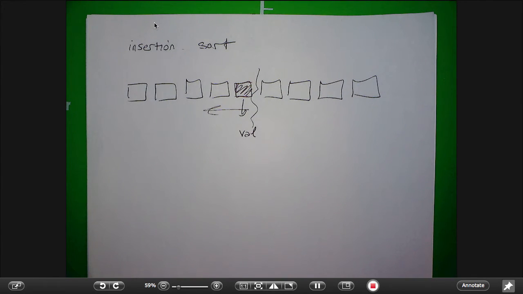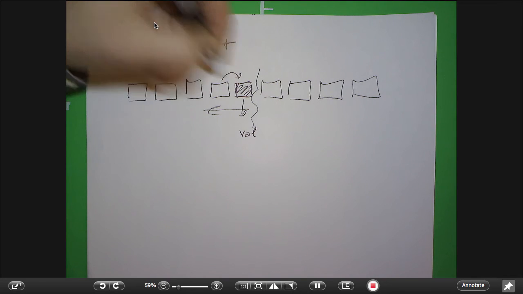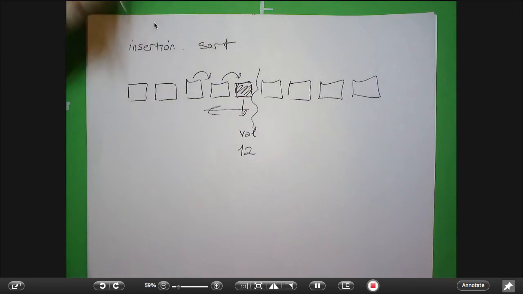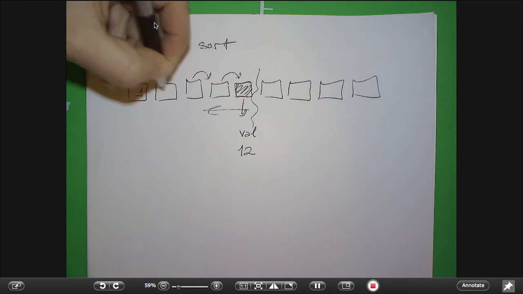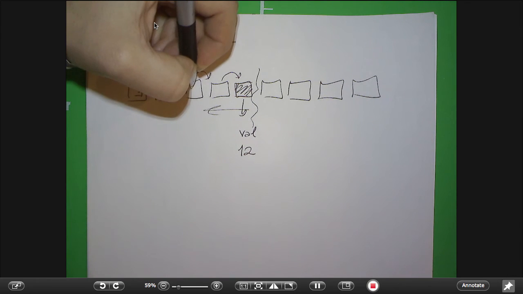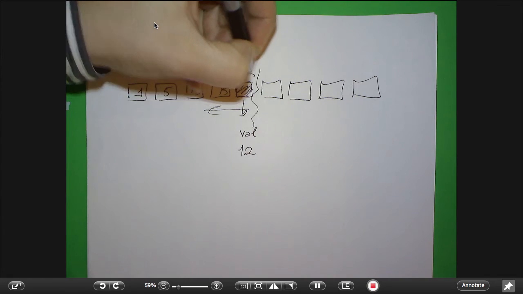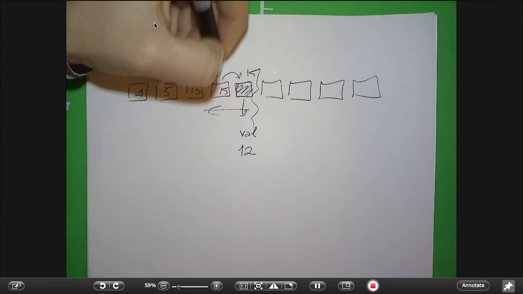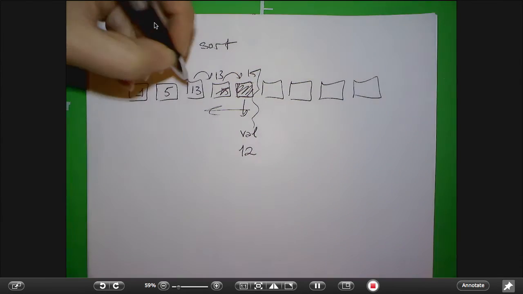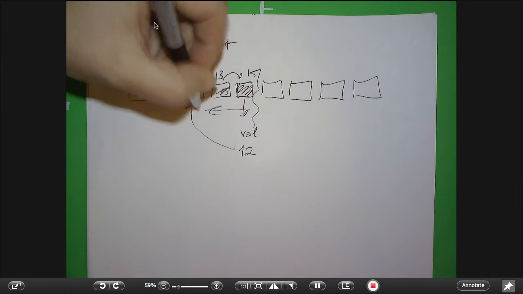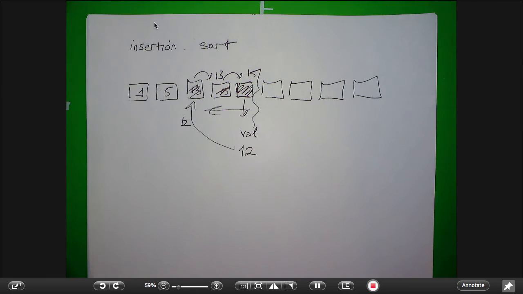And then I'm going to copy the values 1 step down if they are bigger than the value that I have. Let's say this is 12. So let's say I have 1, 5, 13, and 15. So I am going to copy 15 here, 13 here, and here 5 is already less than, so I'm going to put 5 here, 12 here, right? So this is kind of the basic algorithm.